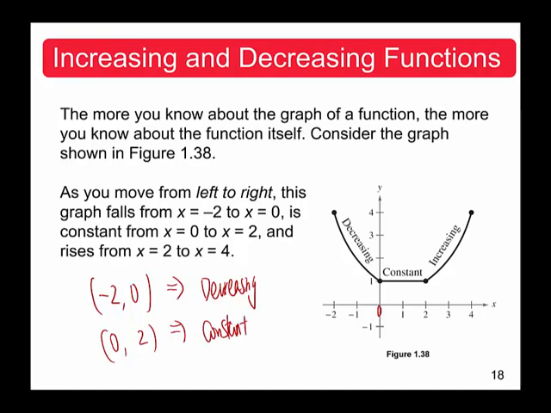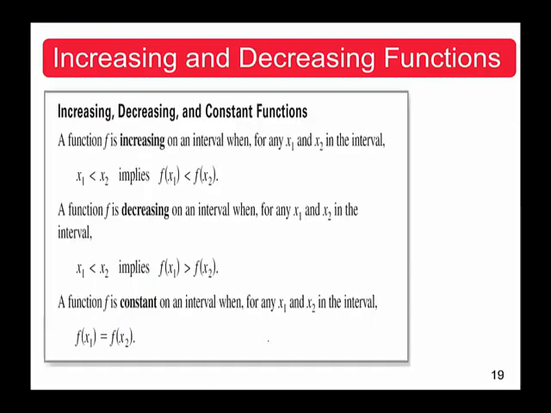And from 2 to 4, it's increasing. It's going upward. So this is a typical increasing interval here. You can generalize the entire function. That's very practical, but it just gives you an idea of what the shape looks like. So increasing, decreasing, constant function.